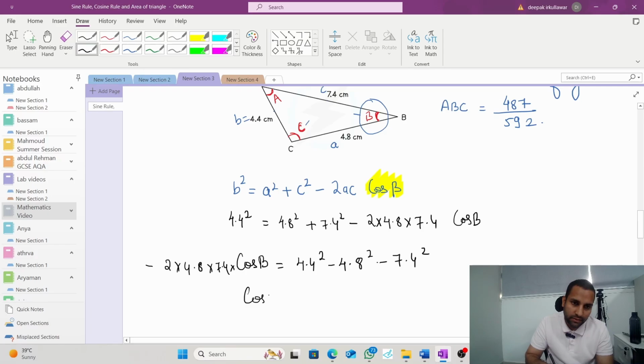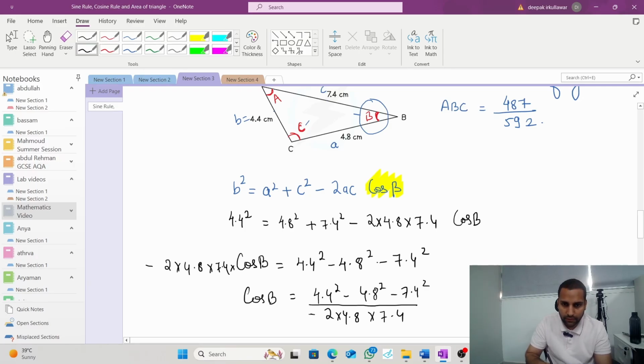Now cos B, if I rearrange this, would be 4.4 square minus 4.8 square minus 7.4 square, whole divided by negative 2 into 4.8 into 7.4. So when you solve this using your calculator, you will get 487 by 592. So this is how you will use the cosine formula.